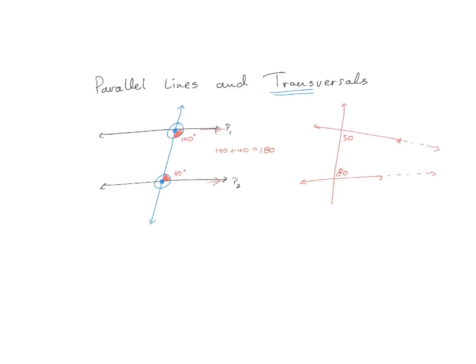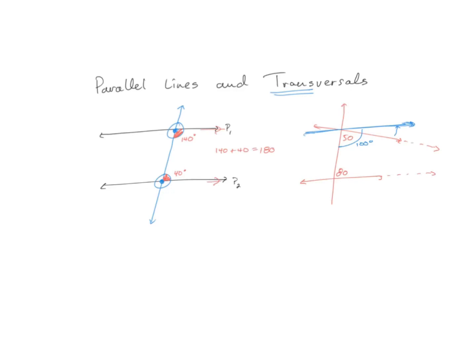To prevent that, I would have to rotate this line until it is 100 degrees, and then we would have two lines that aren't intersecting. This is a theorem of parallel lines. Basically, if two consecutive interior angles are supplementary, then the lines that it's intersecting will be parallel.